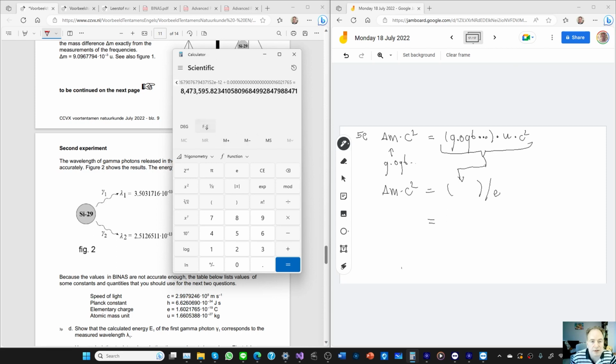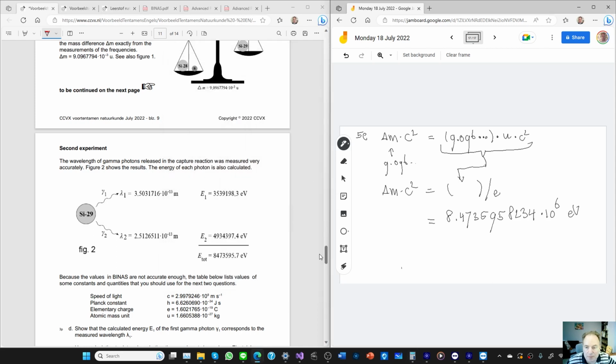And I get, put it in scientific notation, 8.47359582341, 2, 3, 4, 5, 6, 7, 8, 9, 10. I already kept 11 here, times 10 to the power 6 eV.